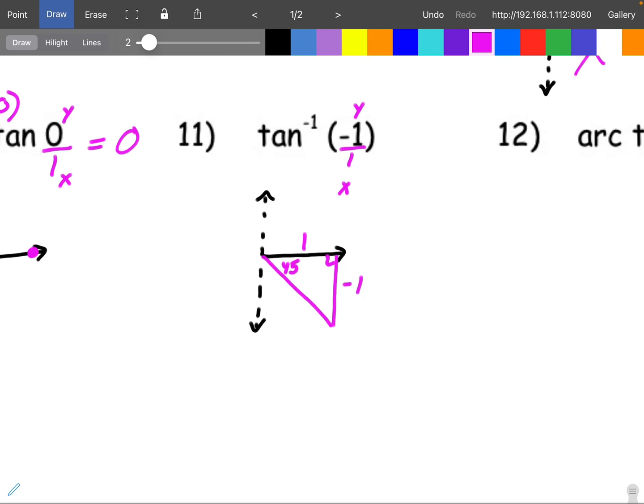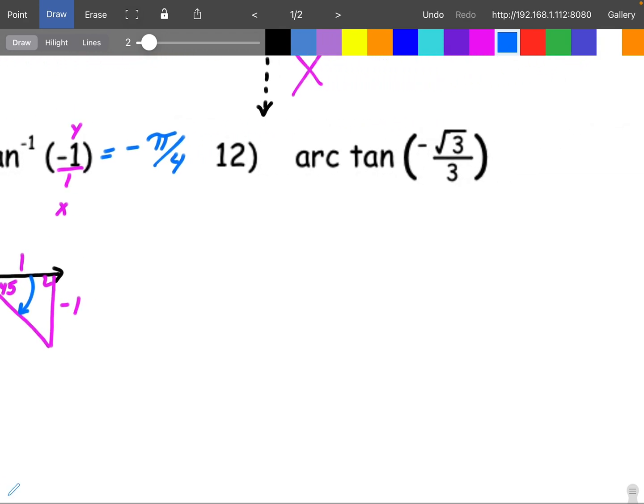So our sides are really square root of 2 over 2 and negative square root of 2 over 2. That gives me my 45-degree angle, but then I need the radian measure of this. Remember, we can't go around to here. We have to go backwards. So if I'm going backwards 45 degrees, then that is -pi/4.